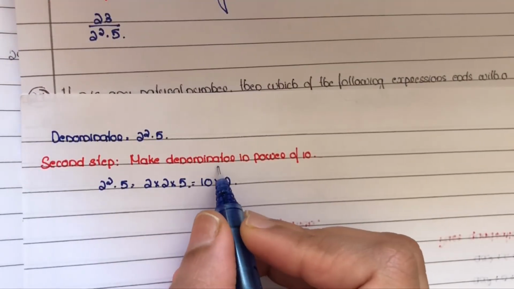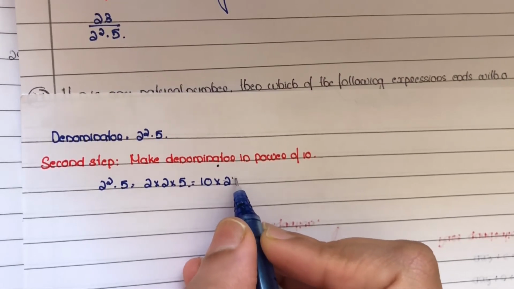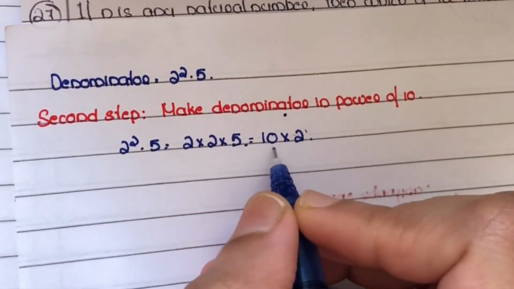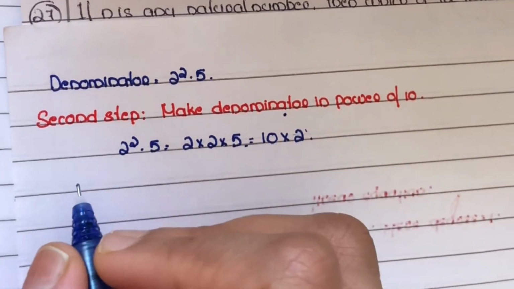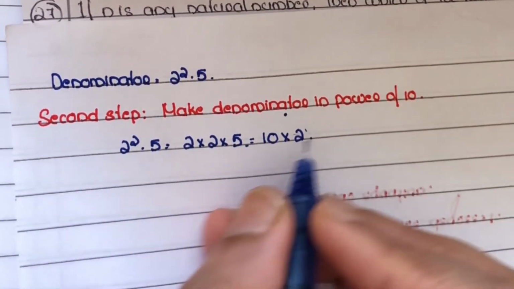In order to make the denominator a power of 10, you need to multiply one more 5 with this denominator, right? Now whatever you are doing in the denominator, you should do in the numerator also. So next step, multiply both numerator and denominator by 5.